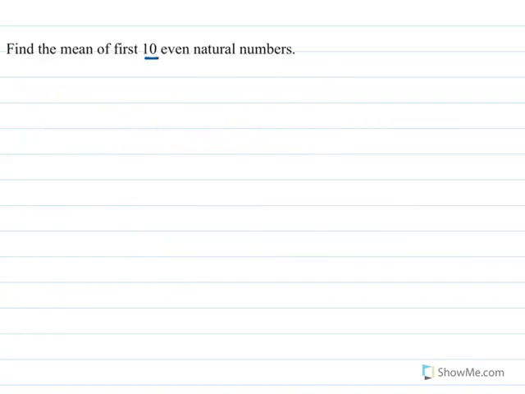Find the mean of the first 10 even natural numbers. So we need to write even natural numbers. So natural numbers start from 1, but they have to be even.